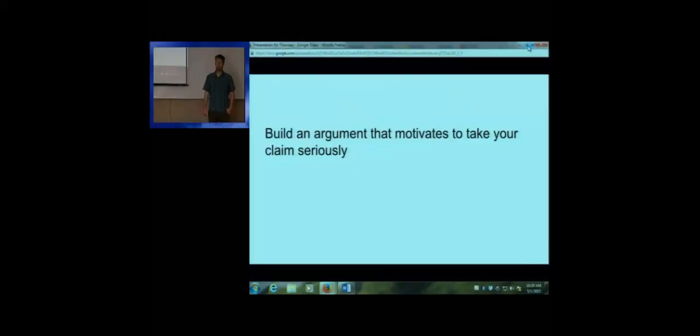Good research should also build an argument that motivates readers to take your claims seriously. A lot of times when we write, either for term papers or blog posts, you're presenting your opinion. You write your opinion based on what you personally feel is correct, and you might explain a little bit of your thought process behind it.